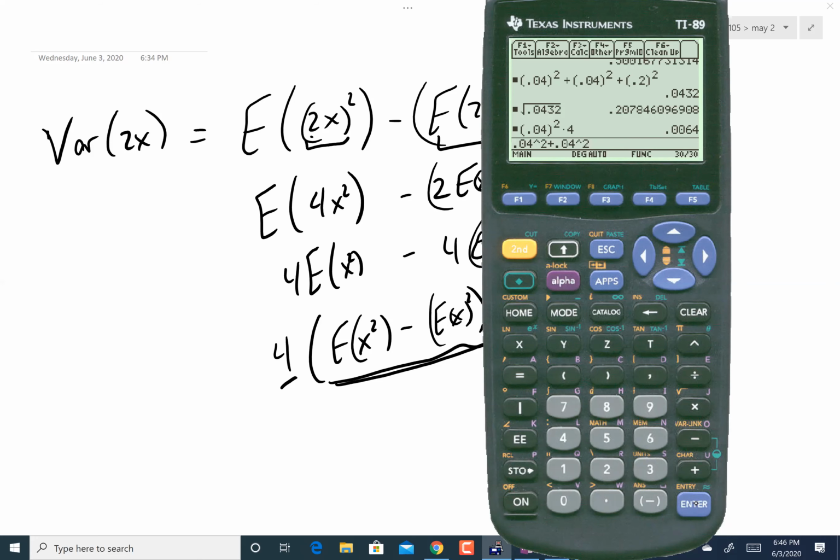So the variance of one of them is 0.04 squared times 4, right? Add their variances. Okay, I'm screwing something up. Something's a little screwy there.